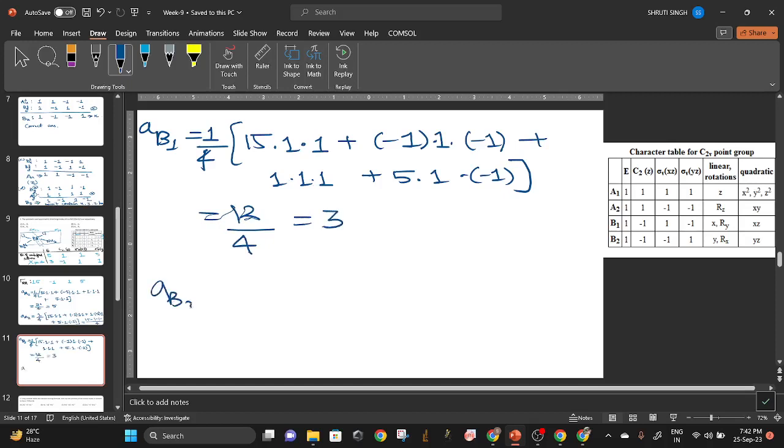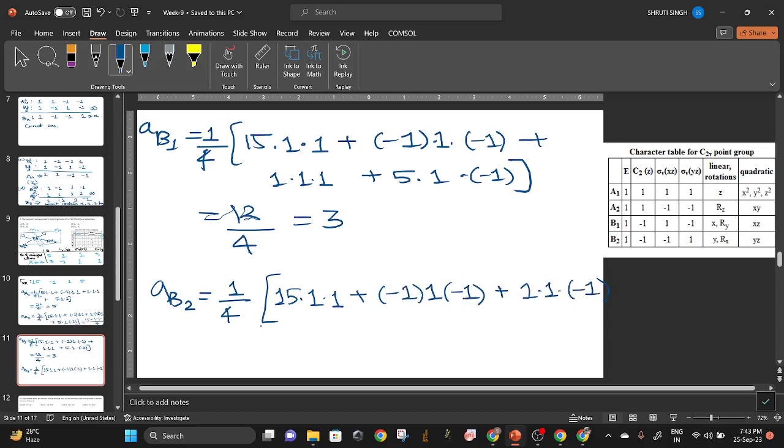And the last one is B2. Okay, this will be 20 over 4, which is 5 again. So we got our contributions.